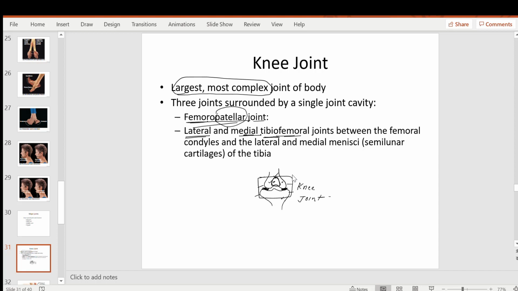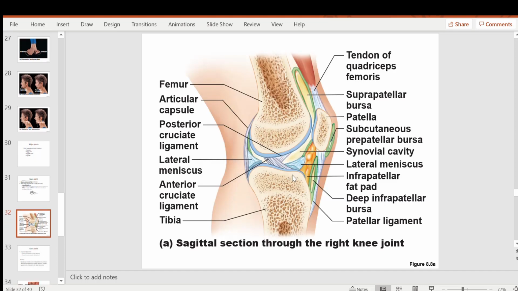Okay, now we'll see inside and around the knee joint. Since it is a synovial joint, you already know that the ends of the bones are covered by hyaline cartilage called the articular cartilage. So here you see these are two articular cartilages, and the space or cavity is the synovial cavity that contains the synovial fluid, right?